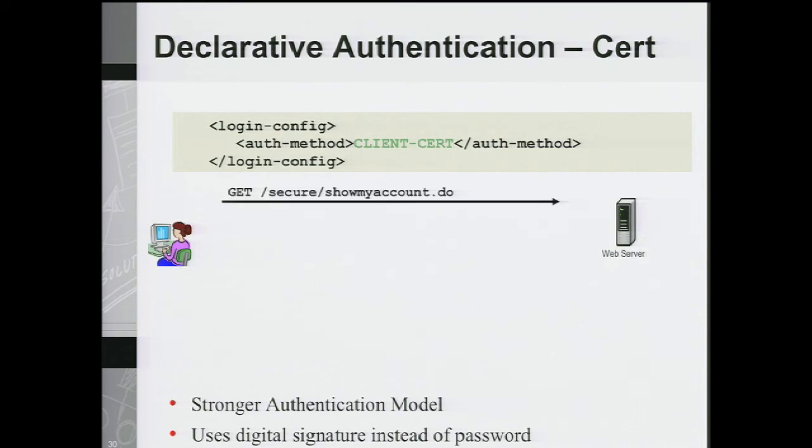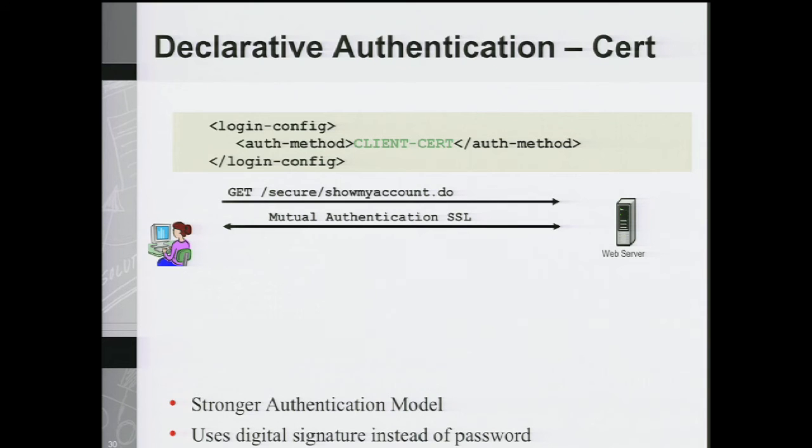Here, what happens is the client makes a request to a resource. The server basically does mutual authentication. Remember, this is client-side. It's not just the server-side certificate. When you have a server-side certificate, all you're saying is that the client says, yeah, I know you're a good server. But when you have client-side certificate, the server says, I know you're a good client. I know you're a client that has been validated.